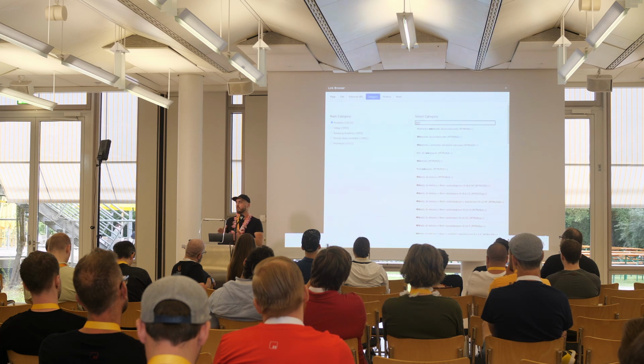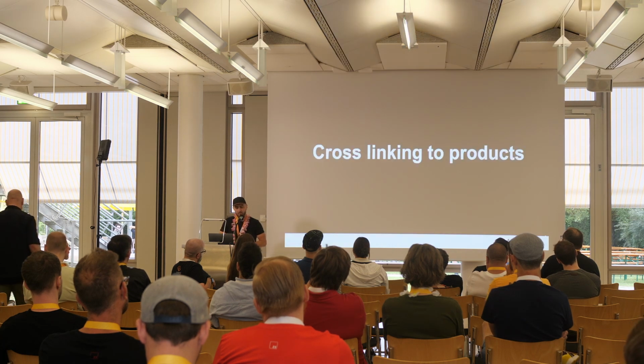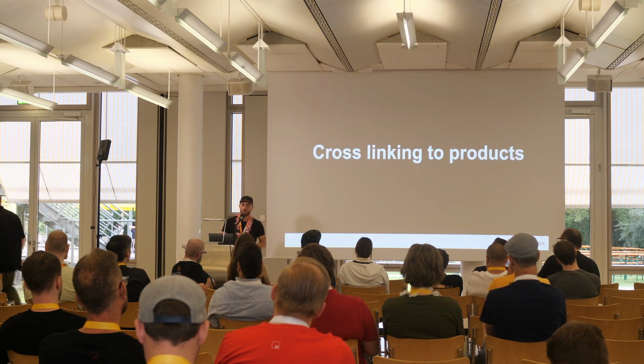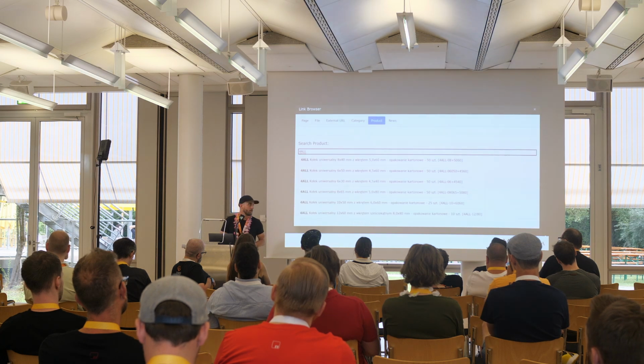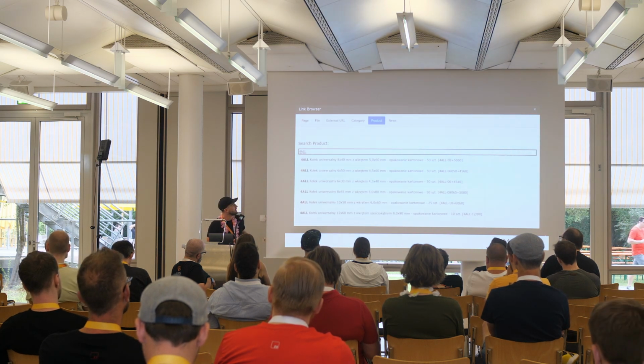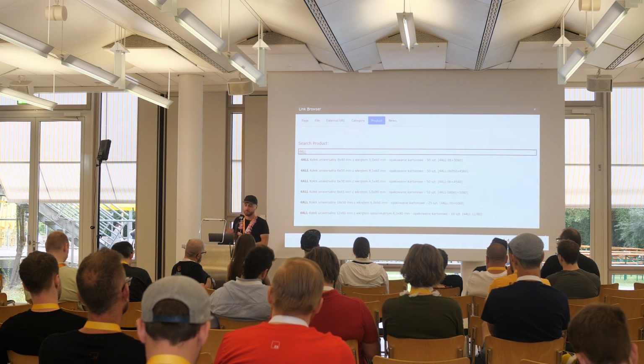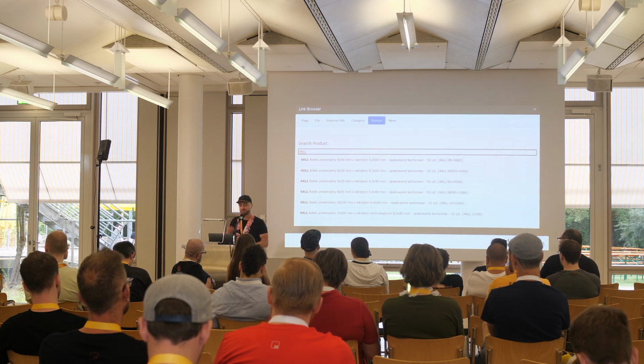Those links are based on typolinks. Same when it comes to linking to products. There is another link browser addition, which allows you to go by the identifier of the product and add it to your link.